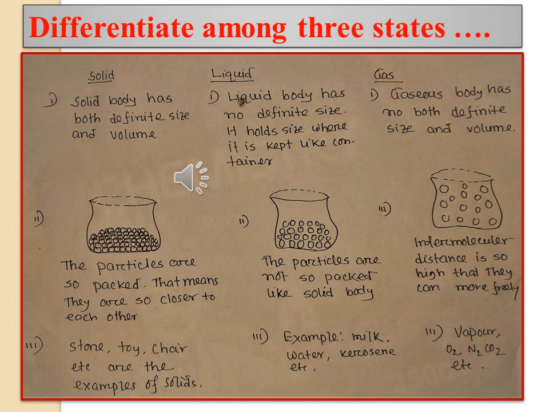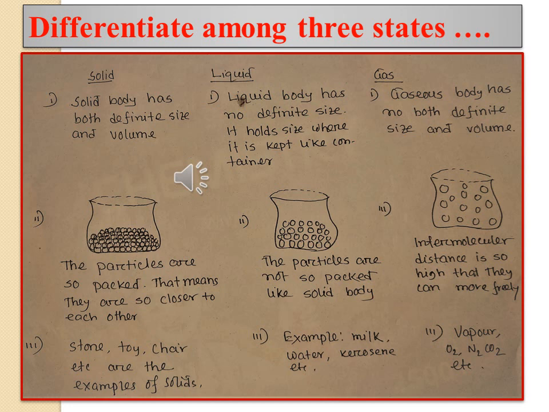In a liquid body, the particles are not as packed as in a solid, but they are more packed than in gaseous matter. In gaseous matter, intermolecular distance is so high and intermolecular attraction is so low that the particles can move easily and freely.